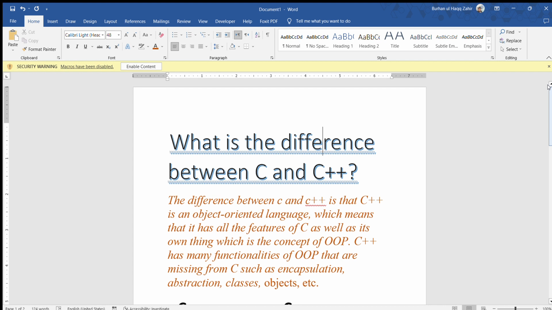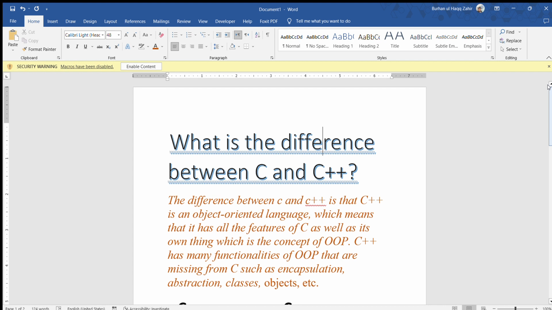What does it mean? It means that C++ has all the features of C, as well as all the features of OOP. OOP means object oriented programming, where we program in the form of classes, objects, and other concepts.